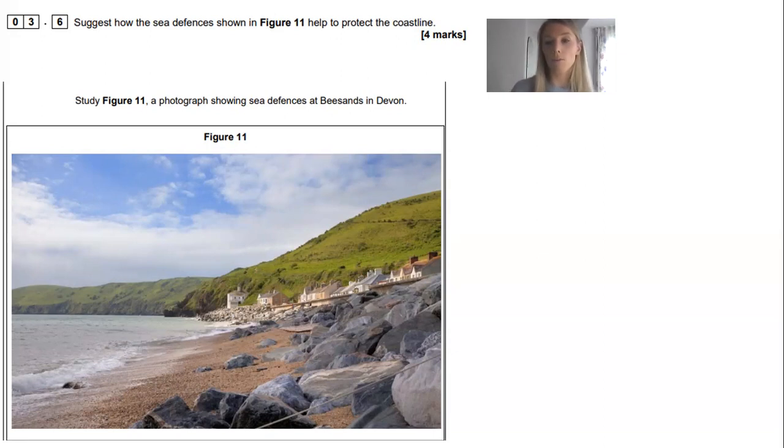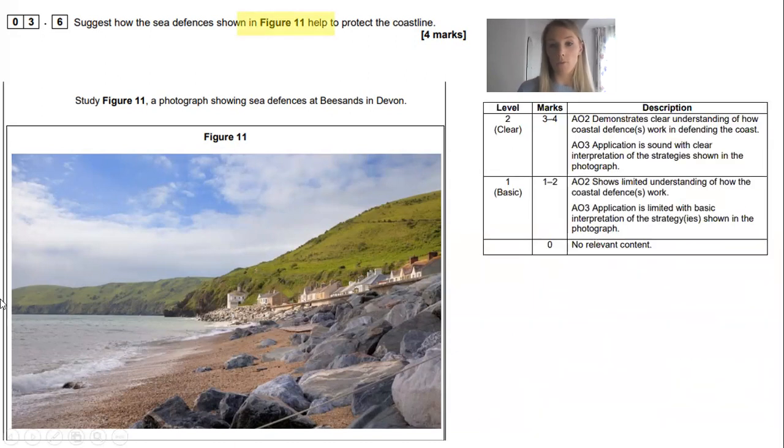The examiners will be considering the quality of your response for this question on a levelled basis. To achieve 1 to 2 marks, you would write a response which shows a limited understanding of how these engineering strategies work in protecting the coastline.